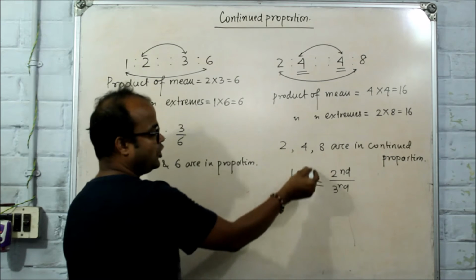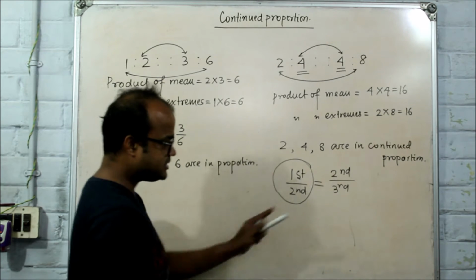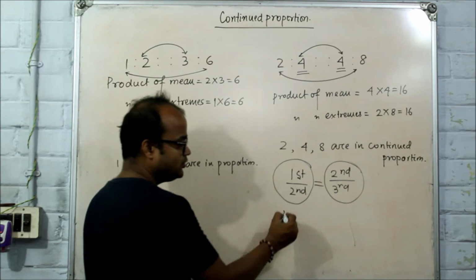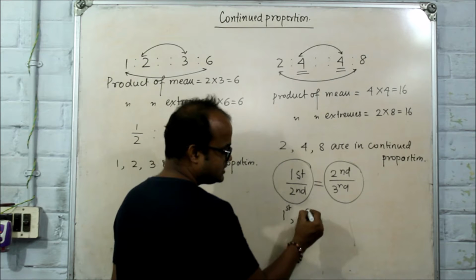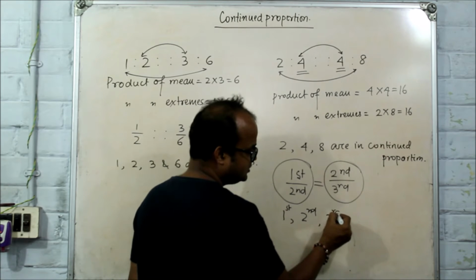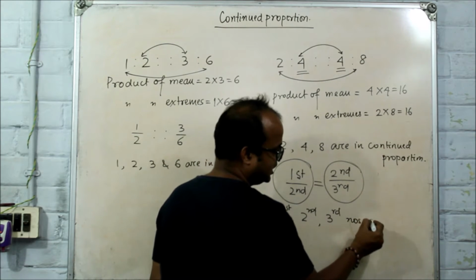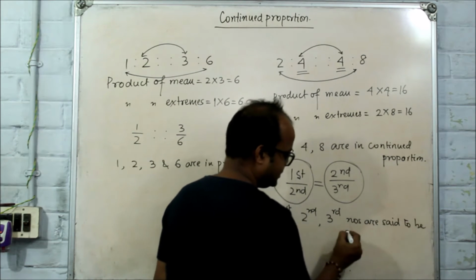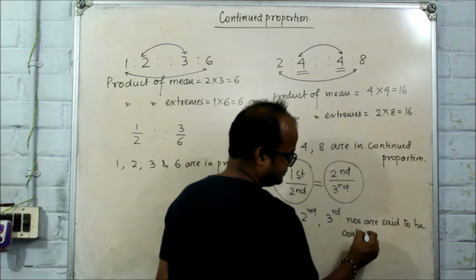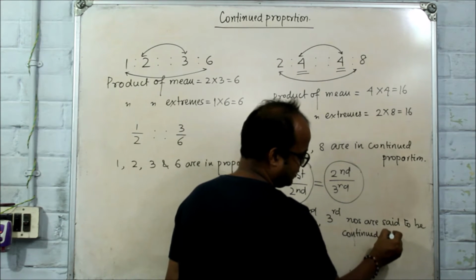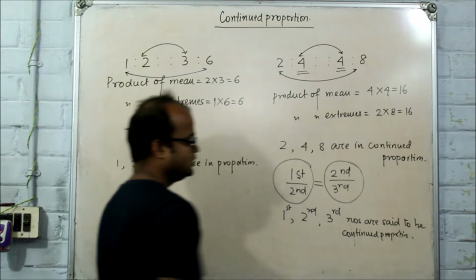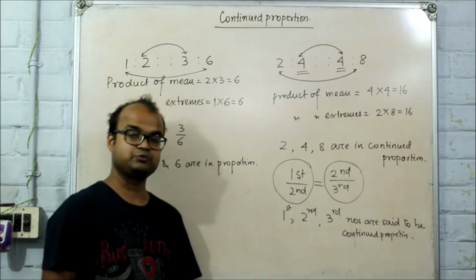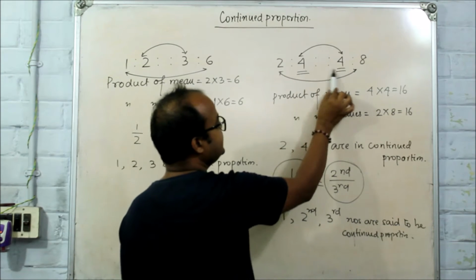If the ratio of first and second is the same as the ratio of second and third, then the first, second and third numbers are said to be in continued proportion. Clear? That means these two remain the same.